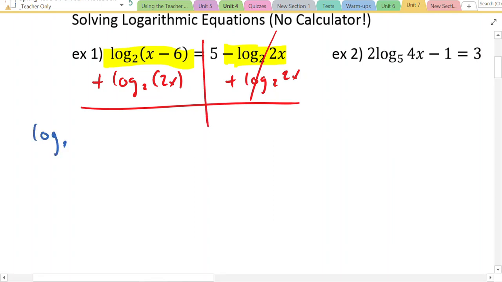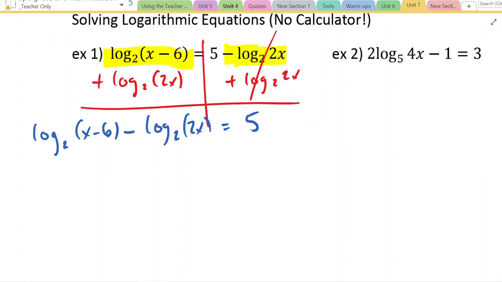And we end up with log base 2 of x minus 6 minus log base 2 of 2x equal to 5. From log properties, we know that if we're subtracting two logs, then we can combine the arguments with division.